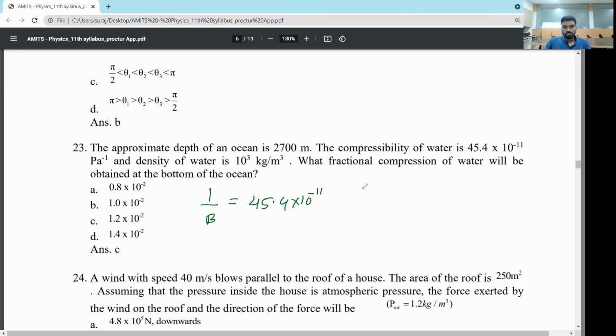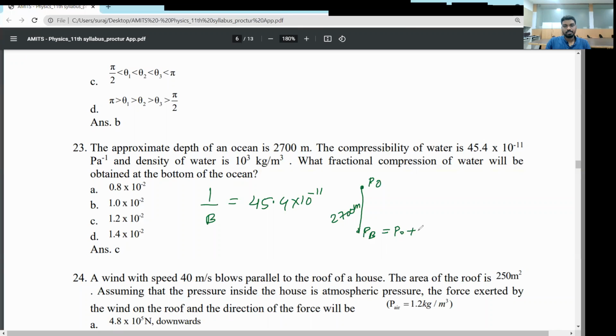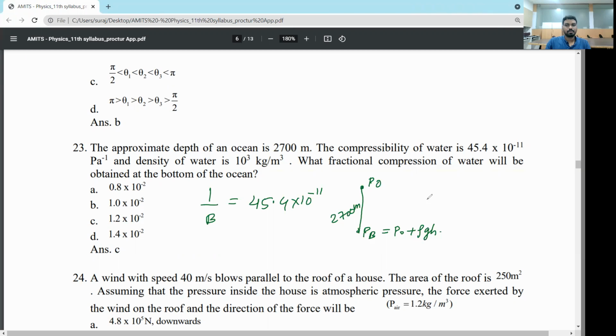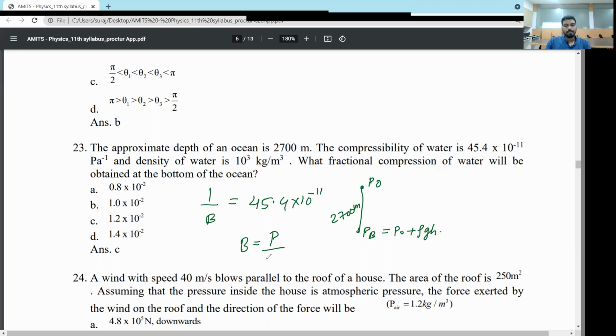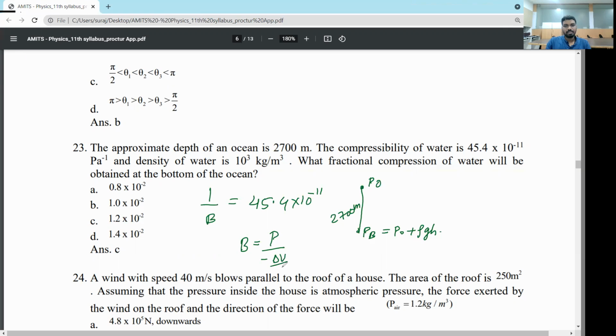H is given, 2,700 meters. This is P naught. P at the bottom will be how much? P naught plus rho g H. So what is bulk modulus here? Bulk modulus is pressure by minus of del V by V. This is what they are asking.